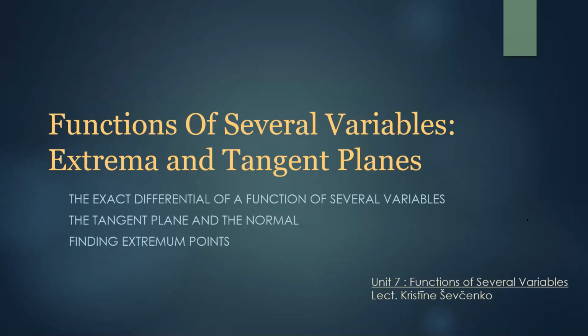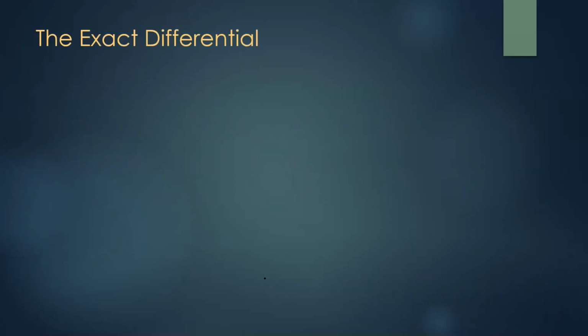Okay, and so now, the exact differential, what that is. First of all, let me remind you that when we find the partial derivatives, there's a difference. Suppose we have this function: z is some function of two variables, in this case x and y.